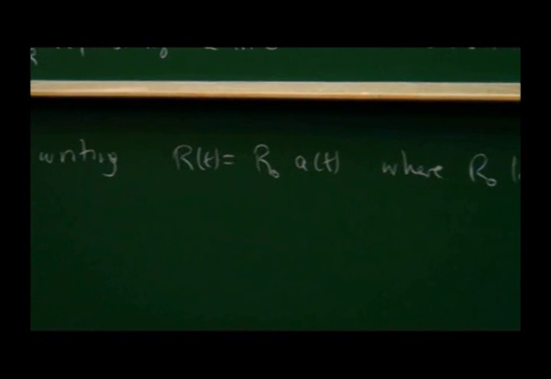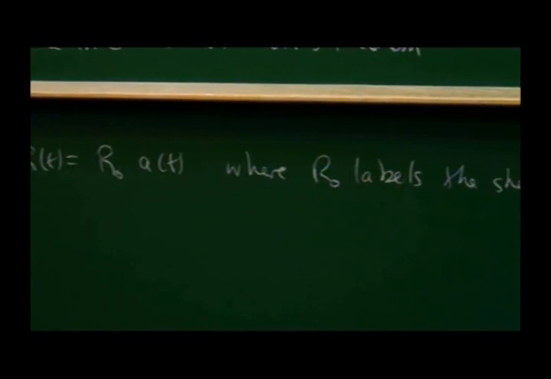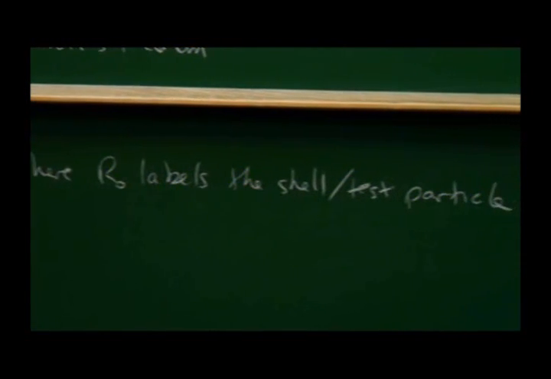And A of t is some kind of universal function of time that describes an overall expansion if A is increasing with time. This is called a uniform expansion.